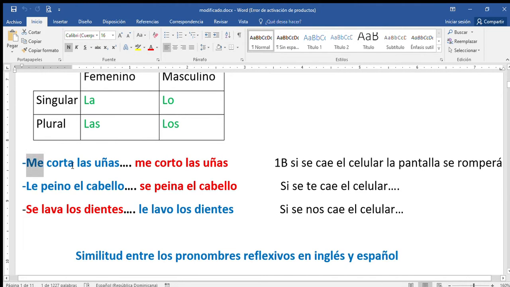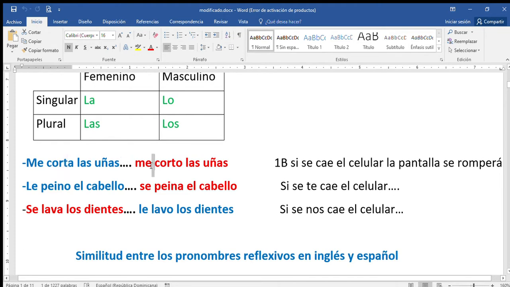But the conjugation of the verb "corta" doesn't belong to this pronoun. So the action is not done by this person. It's done by she or he. Está hecha por él o ella. So the nails are getting cut to me, but not from me. It's from she or he. So it's not a reflexive pronoun.